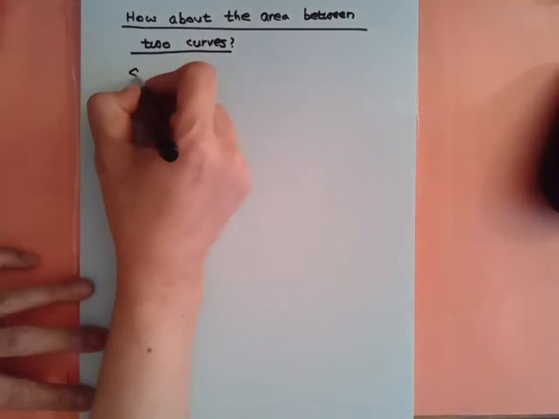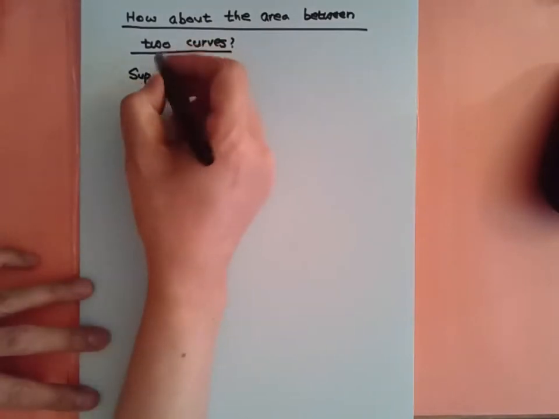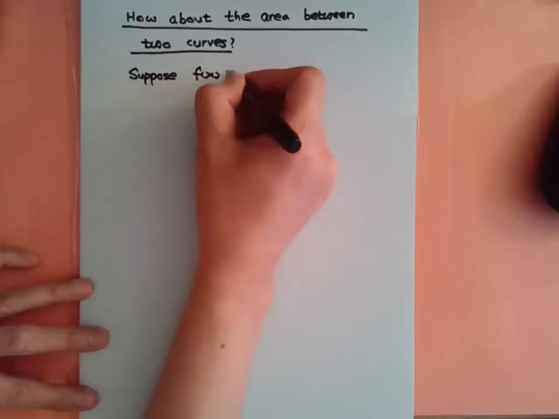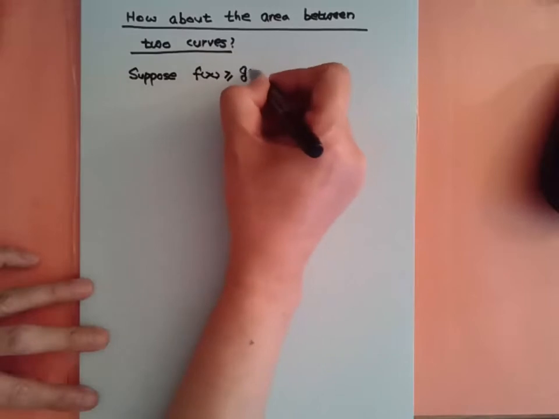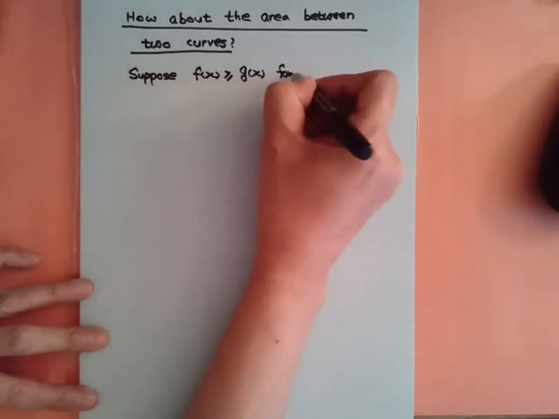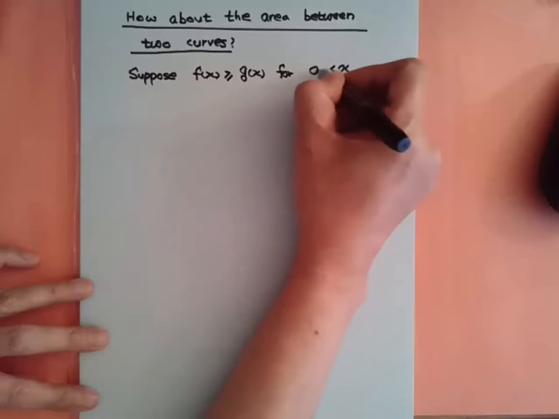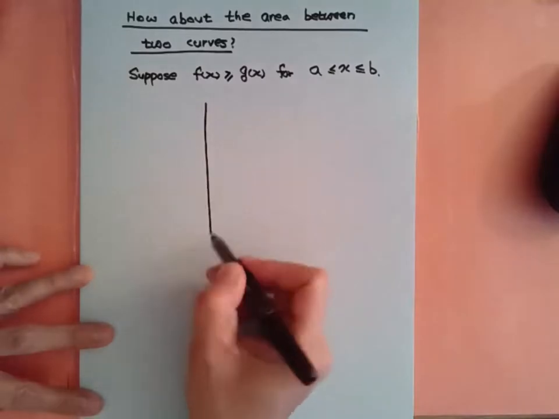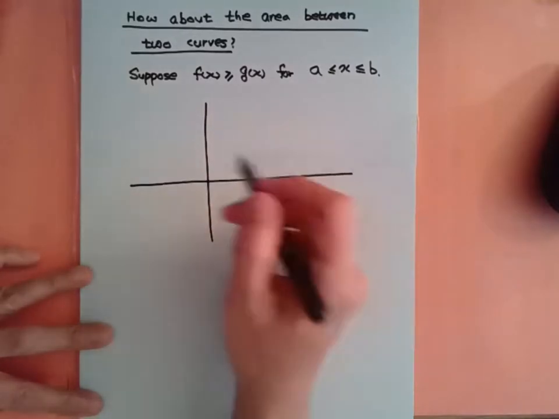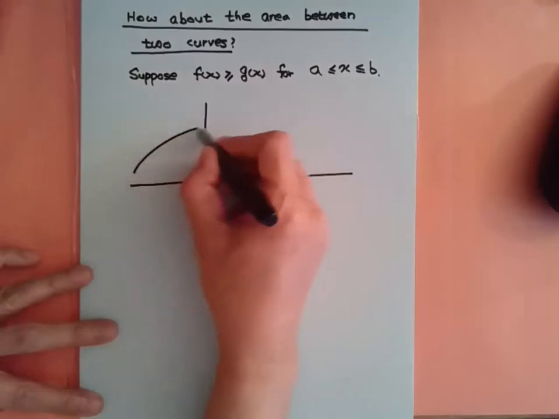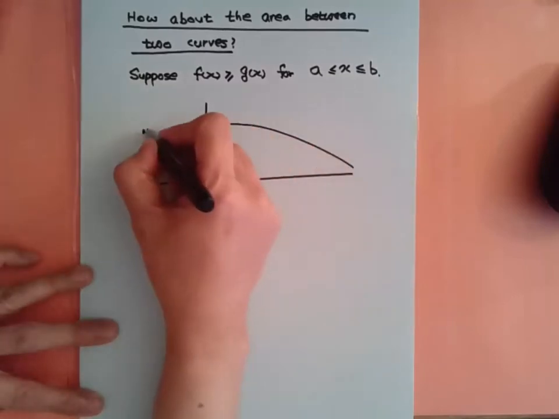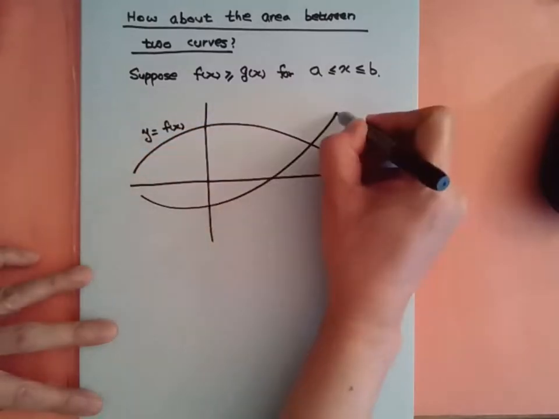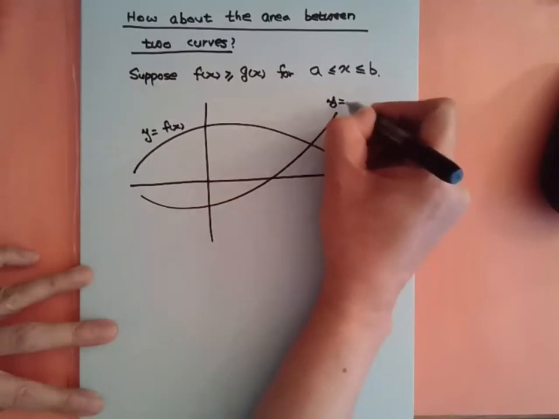Let's assume that we have two curves, f of x and g of x. And we assume that f is greater than g for all x between a and b. So the circumstance looks like this. Let's suppose that this is f, this is y equals f of x, and this one is y equals g of x.